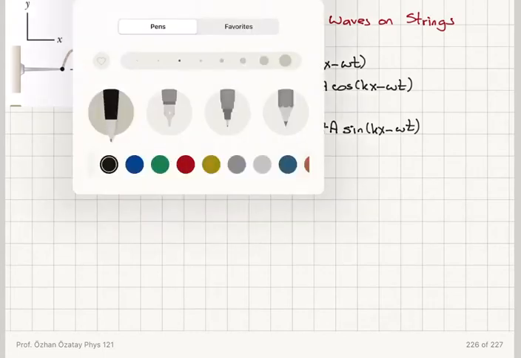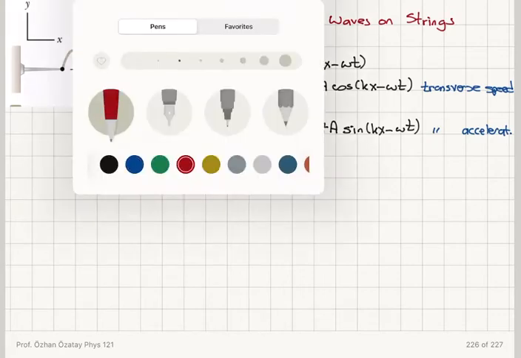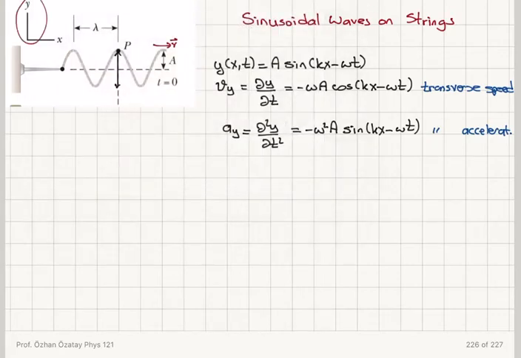So once again, in order to clarify what speed and acceleration I'm talking about, the motion of string elements, the transverse speed and transverse acceleration of the string elements. So this is my y-axis here.